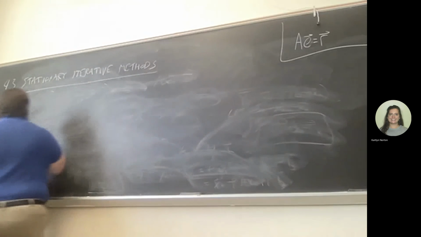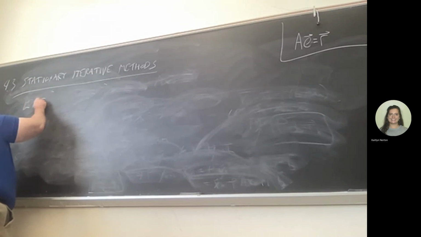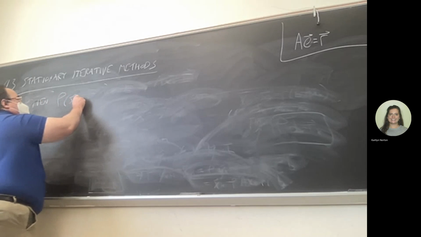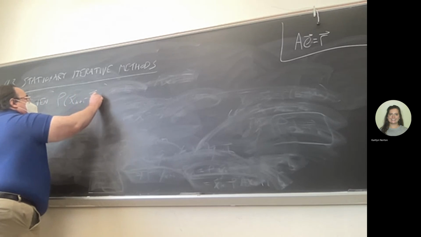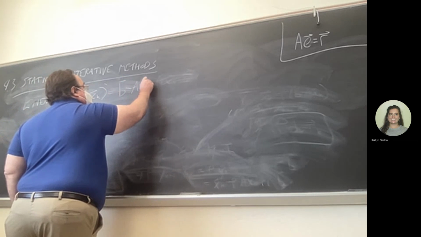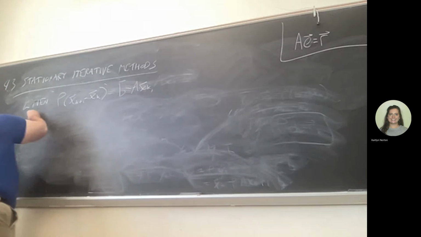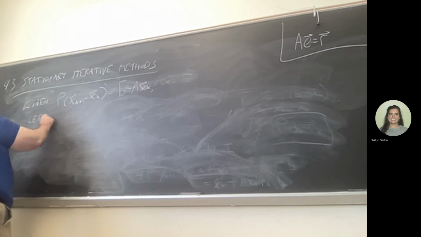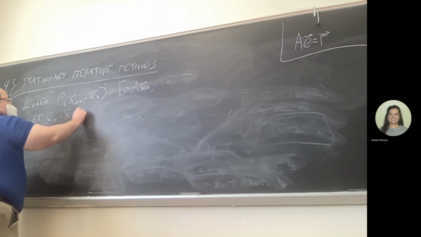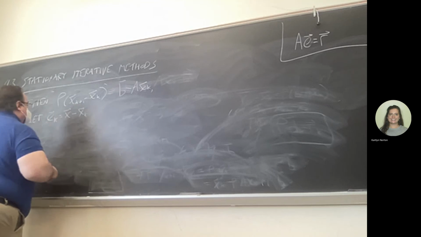Okay. So given the iteration in the simplest form in which I have it written, P(xk+1 − xk) is equal to the residual, b − Axk, I can find the error. Ek is the exact solution minus the kth iterate.